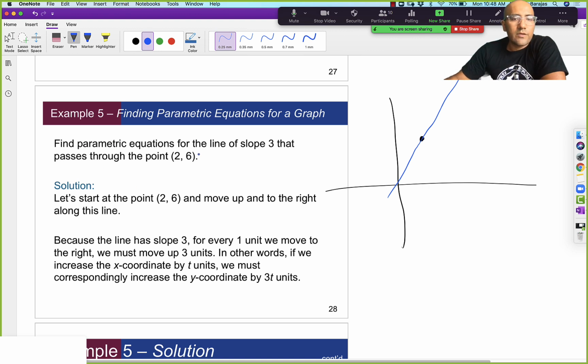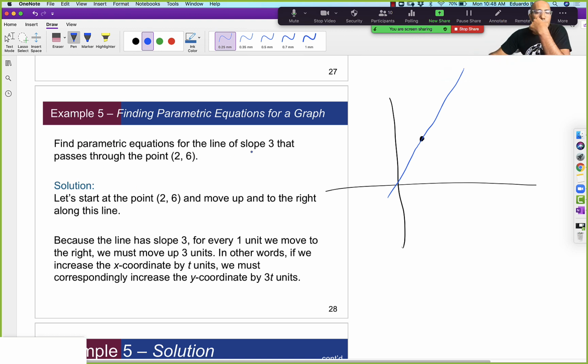So find the parametric equations for the line of slope equals 3 that passes through this point. Remember that every dot on here is an ordered pair, and in rectangular coordinates it would be x comma y points. One of those points is 2 comma 6. So we need an equation for the x and an equation for the y that maintains this relationship, and that relationship is determined by the slope.